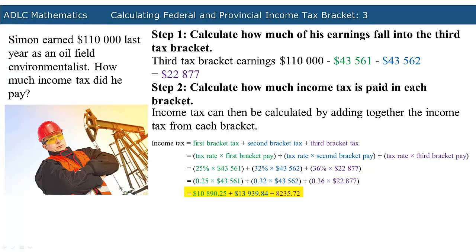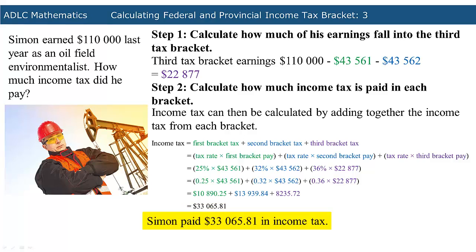The third bracket tax is $8,235.72. When you add these values together, the resulting income tax is $33,065.81. This means that Simon paid $33,065.81 in income tax.